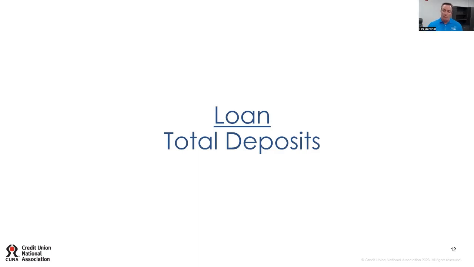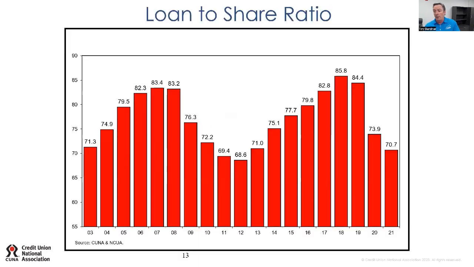So when you're looking at this for your credit union, think about if the loan to share ratio is 85%, just as an example. So when we look at how that's changed over the last 5 years or 10 years, whatever the case may be, think about what types of loans have we started making at the credit union?